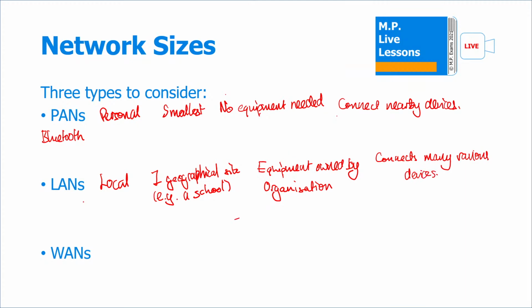And lastly, the WANs are wide area networks. So these span multiple sites. The internet itself is a WAN, whereas the equipment is owned by companies.